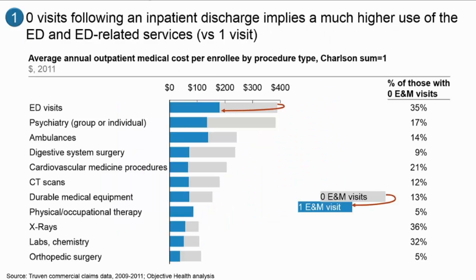These are the things that people who are not seeing a doctor at all are doing, disproportionate to those who see the doctor one time. They have a lot more ED visits. They have a lot more ambulances. They have a lot more CT scans, X-rays, things that are ordered in the ED. So I think this has been discussed.